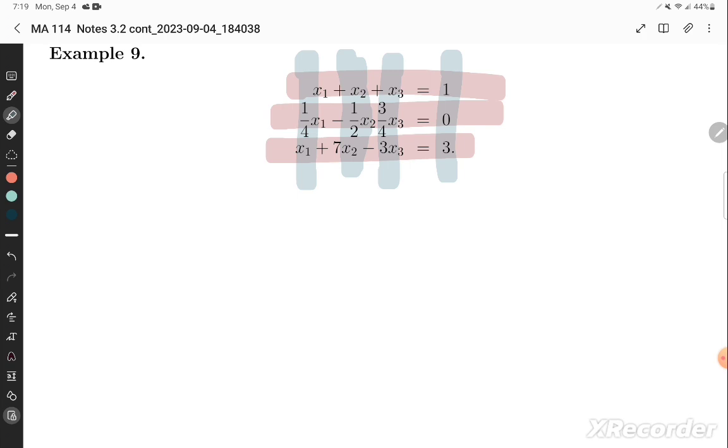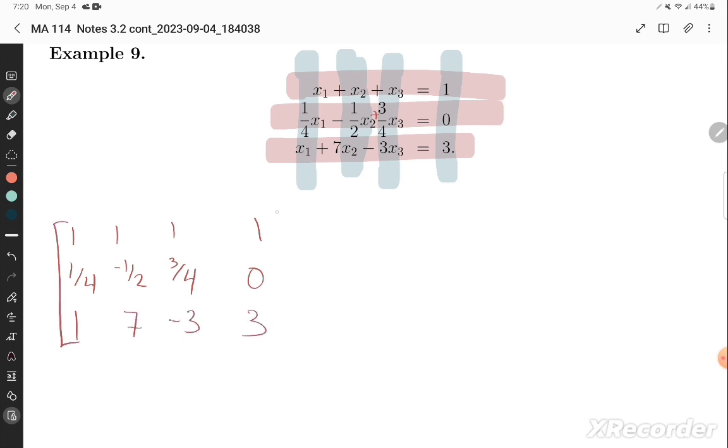So I'm going to have 3 rows and 4 columns again, and in my first row I'm going to have 1, 1, 1, 1, and then 1/4, -1/2, and that's a plus right there, so 3/4, and then 0 on this side, and then 1, 7, -3, 3.